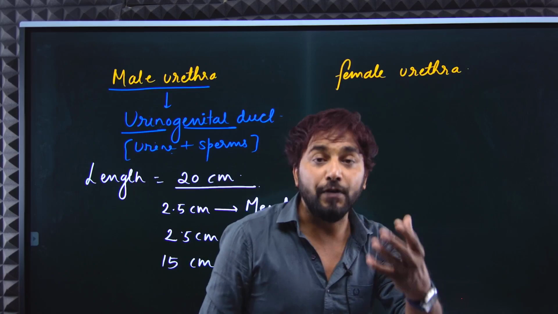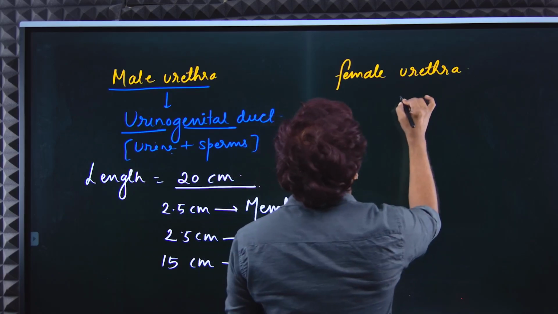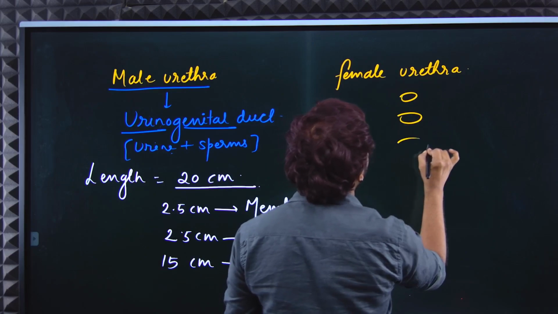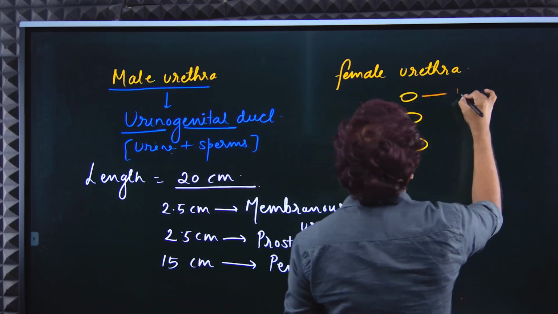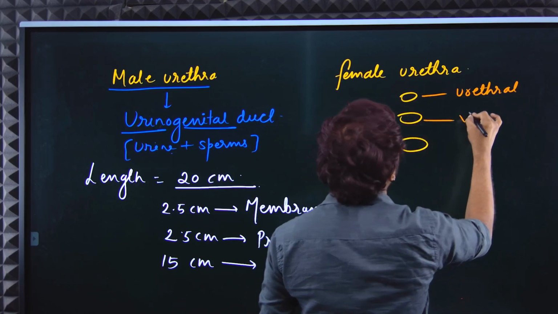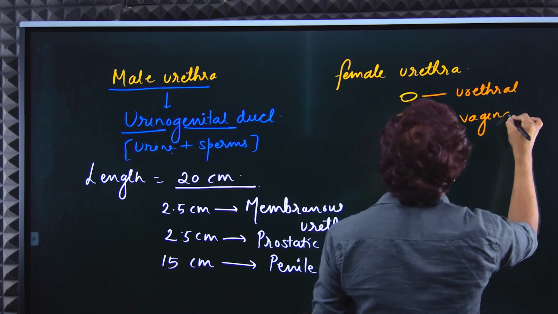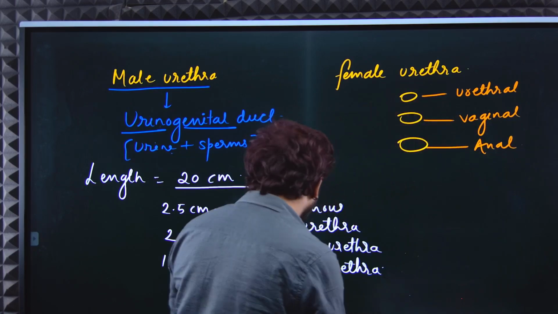When it comes to the female openings, you have three openings. The first one is the urethral opening. The second one is the vaginal opening, and the third one onto the dorsal side is the anal opening.